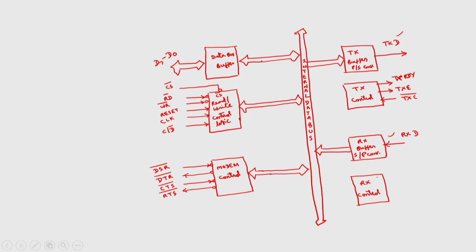Here also there are 3 signals: receiver control. So, we have these signals from here, and there will be a connection between these 2.